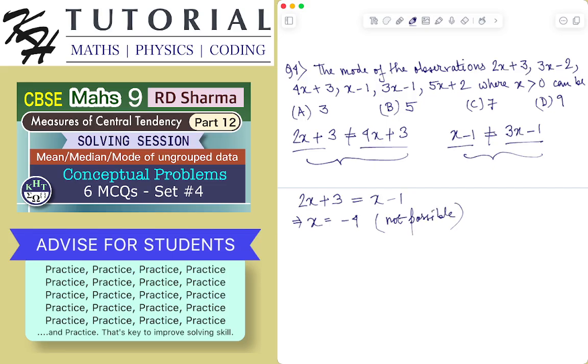So 2x plus 3 is also not equal to x minus 1. So this will imply that 2x plus 3, 4x plus 3, x minus 1 and 3x minus 1 are all unique.